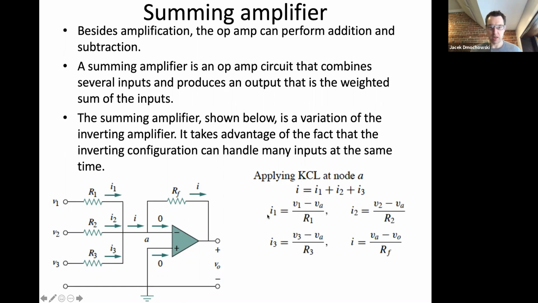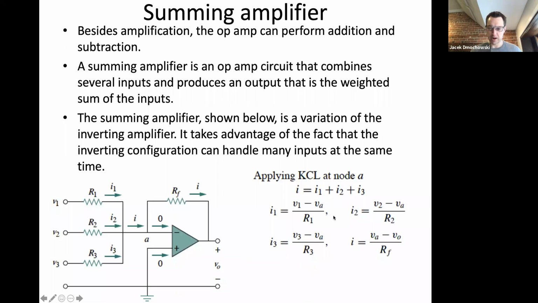For example, I1 is equal to V1 minus VA over R1. Same thing for I2 and I3: I2 is V2 minus VA over R2, and I3 is V3 minus VA over R3. Now the expression for I comes from Ohm's law applied to this branch of the circuit, which is equal to VA minus V0 over RF.